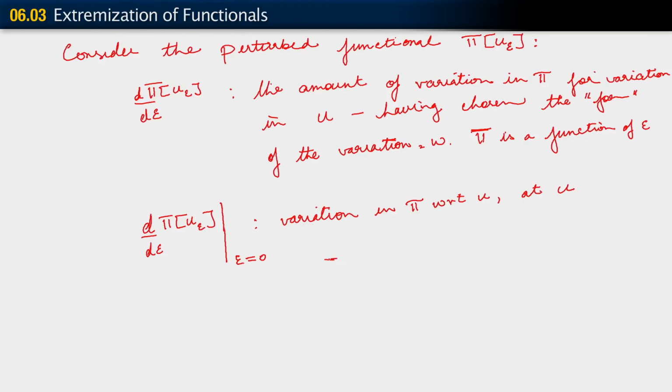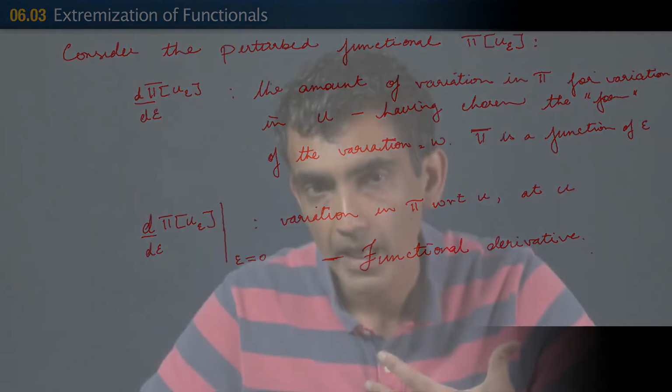And this indeed, if you think about it now, is our notion of the functional derivative. Because now we've constructed a clear notion of what it means to take a functional and look at how it varies with respect to a function, a field.